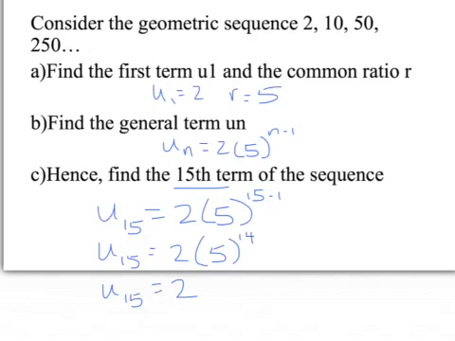Now remember, it's not 2 times 5 times 14, it's 2 times 5 to the 14th, so you're taking 5 times itself 14 times. So 5 to the 14th is 6,103,515,625.